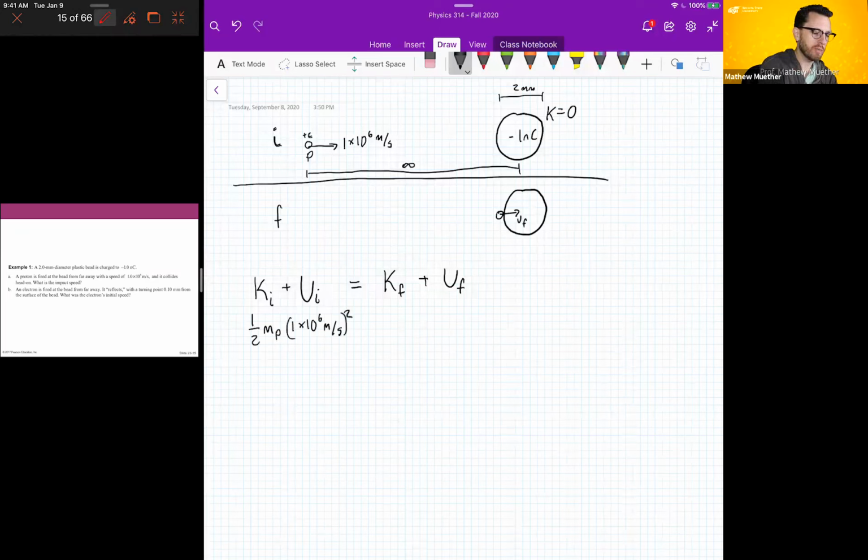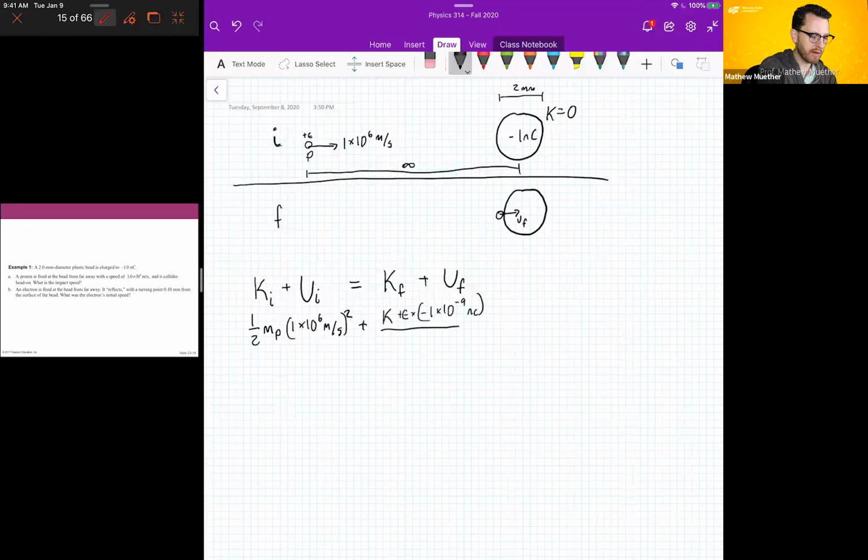What's the initial potential energy for this system? Okay. Well, we can calculate that using the formula that we've been writing down, right? It's K, our physical constants, times Q1, that's going to be the positive fundamental charge on the proton, times Q2, that's going to be my minus 1 times 10 to the minus 9 nanocoulombs.